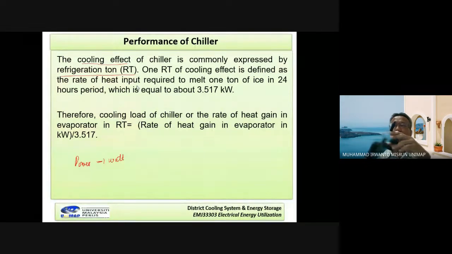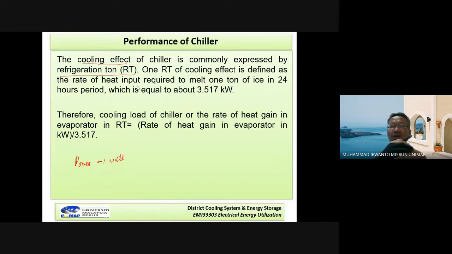So how much heat is needed to melt this 1 ton of ice? This is 1 RT. It is the definition of 1 RT.